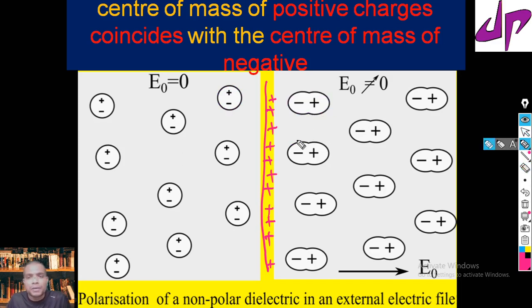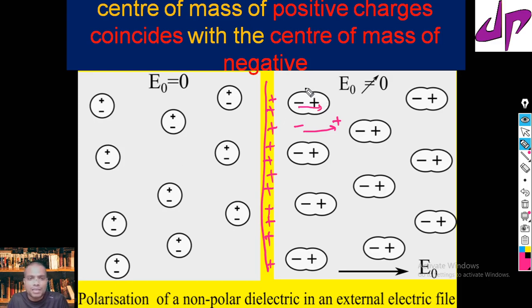a dipole moment. So what is a dipole moment? We can define a dipole like this: two oppositely charged particles separated by a distance. In the earlier case there is no distance because the centers of mass coincide. But in this case they are separated.